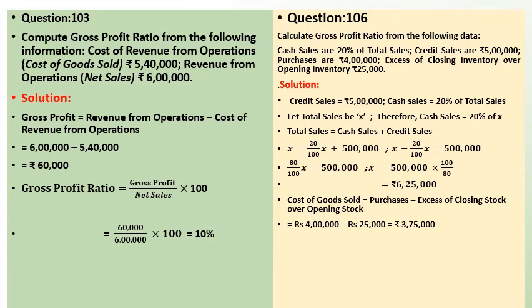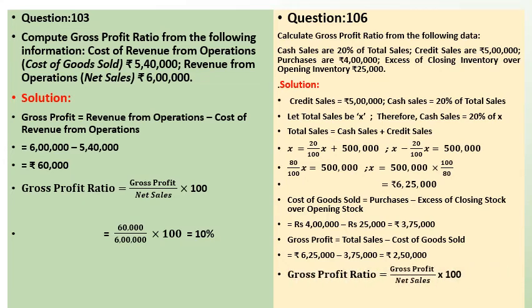Purchase is given and the change in stock is 25,000, so we minus it because closing stock is higher, that's why it is 3,75,000. So gross profit is total sale minus cost of goods sold, which is 2,50,000, and gross profit ratio is GP by net sale into 100, that is 2,50,000 by 6,25,000 into 100, equal to 40%.